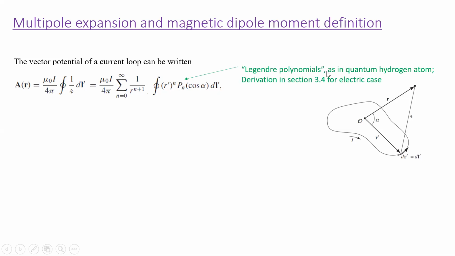And for those of you taking quantum mechanics right now, which is probably all of the current class and many of you possibly in future classes, you'll find these Legendre polynomials also come up in the quantum treatment of the hydrogen atom. Okay, so they come up in various places where we're dealing with spherical coordinates and we're doing expansions like this.